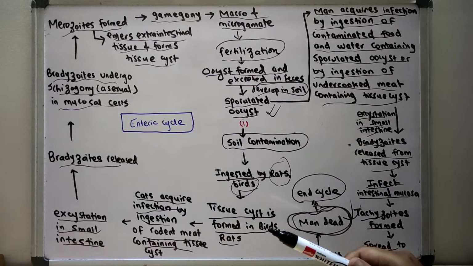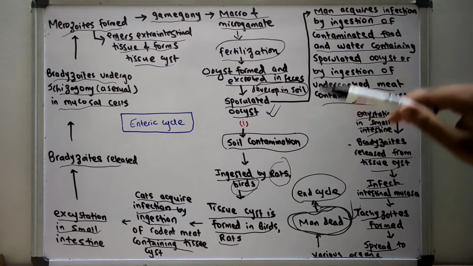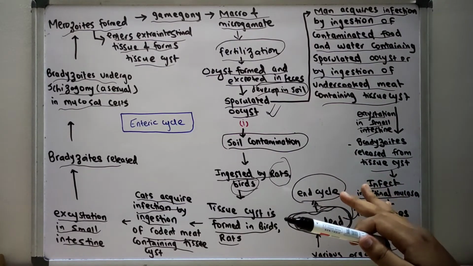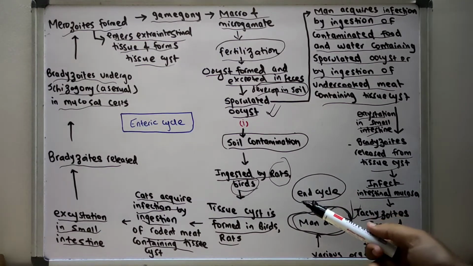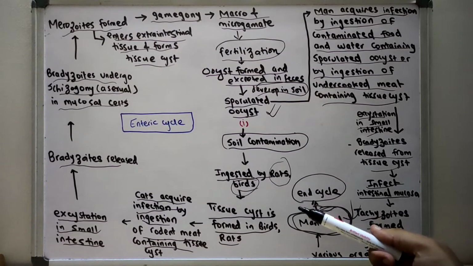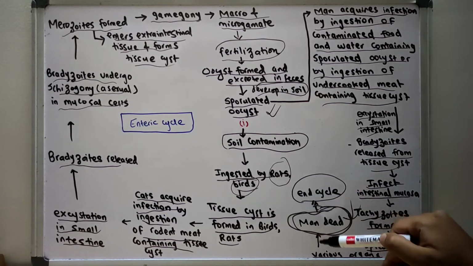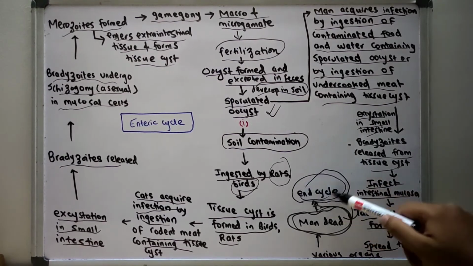If there is practice of cannibalism, then obviously there could be another life cycle going on. But we assume that there is no cannibalism in this world, that nobody eats the meat of a dead human being. So after the man is dead, after acquiring infection of Toxoplasma gondii, we say there is the end of the life cycle.